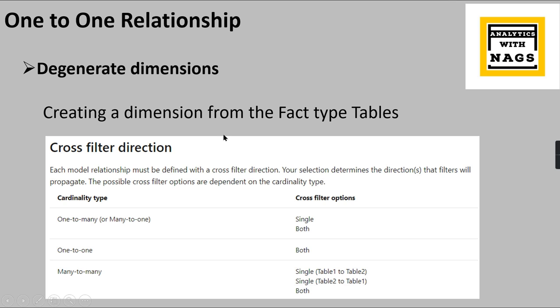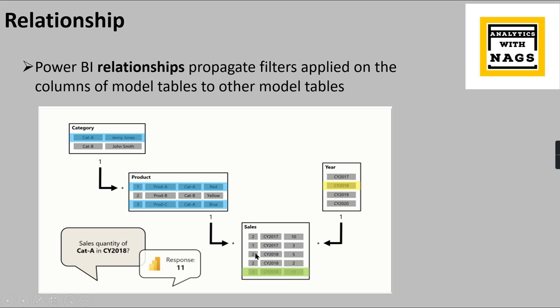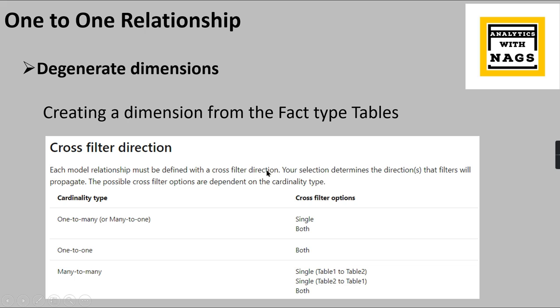Assume you have an order line number in your fact table. You will consider that as another dimension. Then it becomes a one-to-one relationship. Based on the order line from the sales, you will create another dimension, and that becomes a one-to-one relationship.